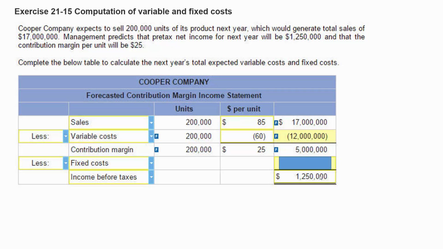And now our fixed cost. If we know contribution margin in total is $5 million, and we know that 5 million minus something, which is fixed costs, equals income before taxes, then this something has to be $3,750,000.